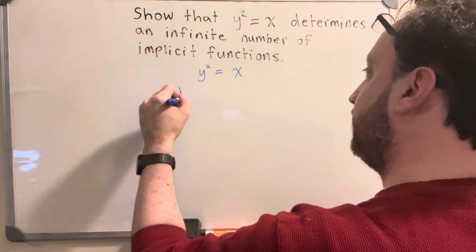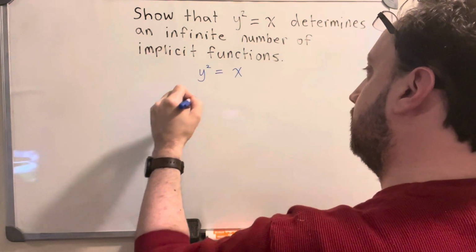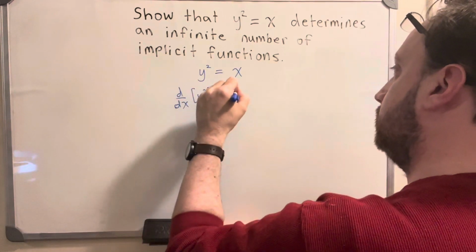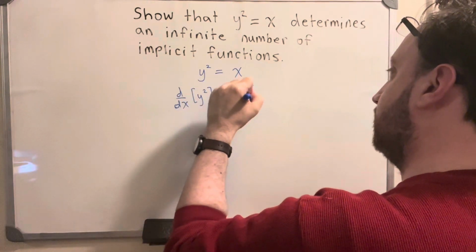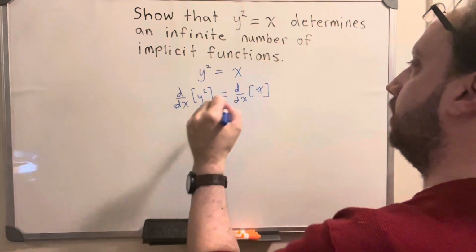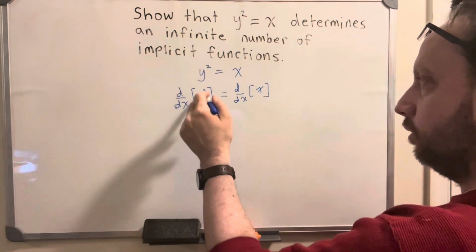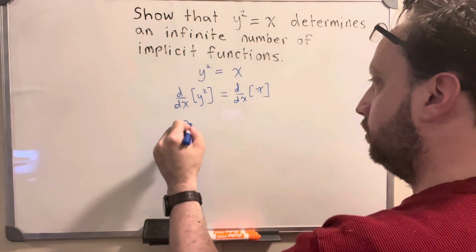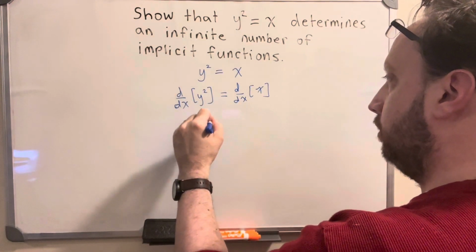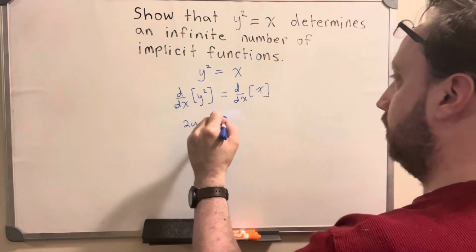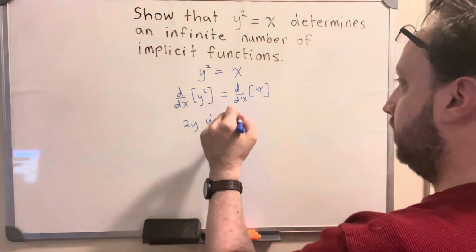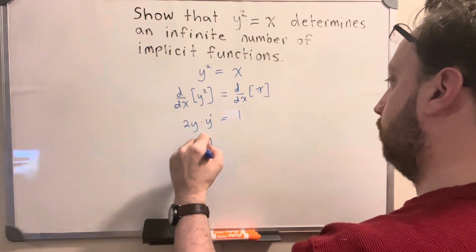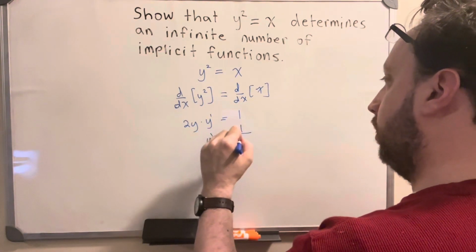So we've got dx of y squared equals dx of x. Using the chain rule, this would be 2y times y prime equals the derivative of x with respect to x, which is 1. So that means that y prime is 1 over 2y.